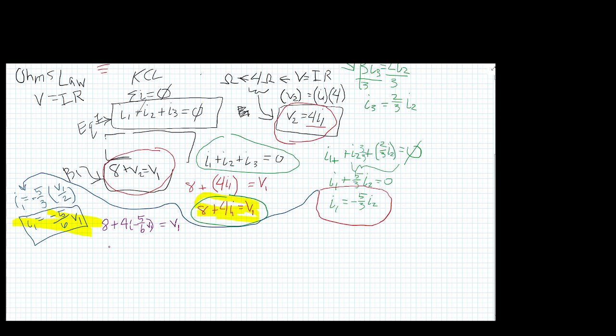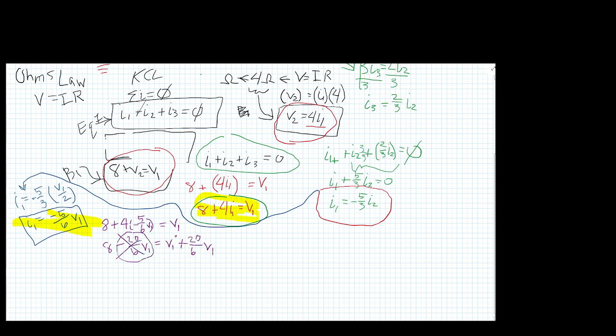So we do our multiplication. 8 minus, because positive times negative is negative, 20 over 6 V sub 1 equals V sub 1. We take this to the other side of the equation, and it becomes positive 20 over 6 V sub 1. Let's cross it out here.